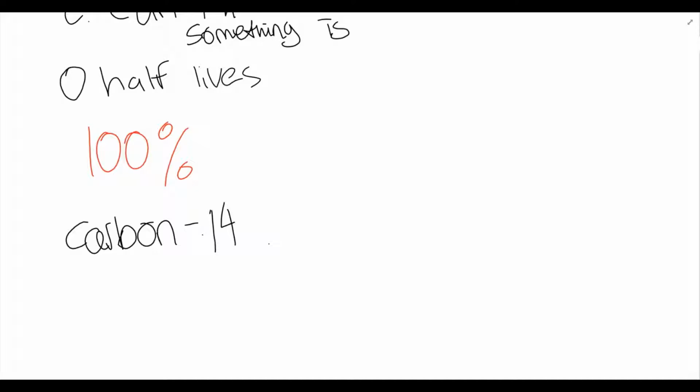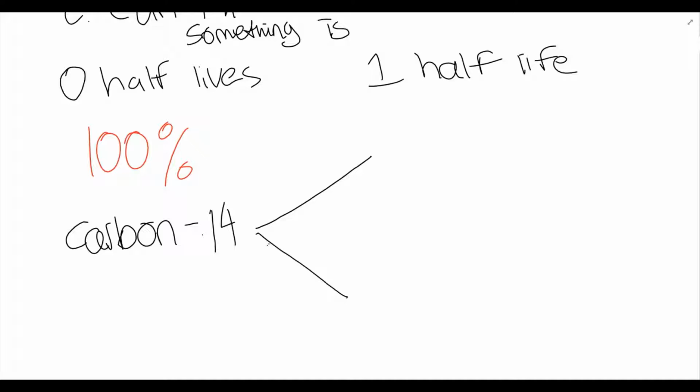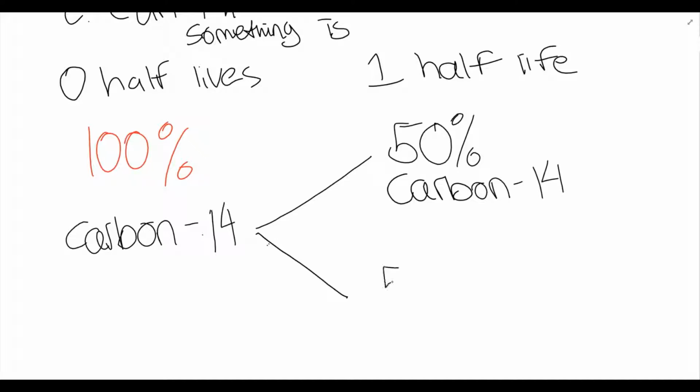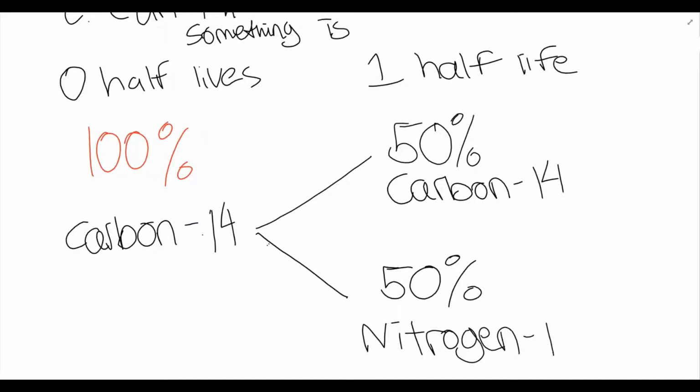And then we're going to move on, and after 1 half-life, this is going to be broken up into 50% carbon-14 and 50% nitrogen-14. So it's called a half-life because after 1 half-life, half of it has decayed.